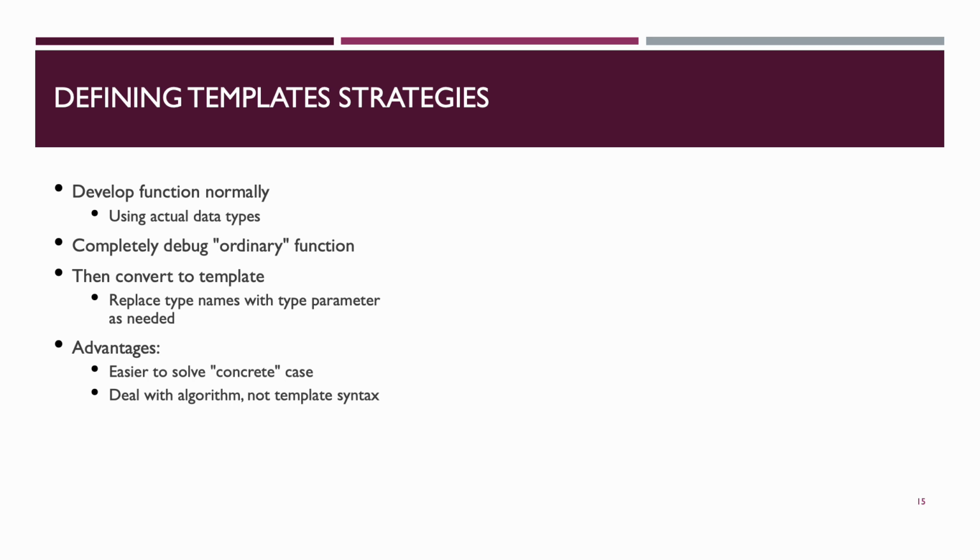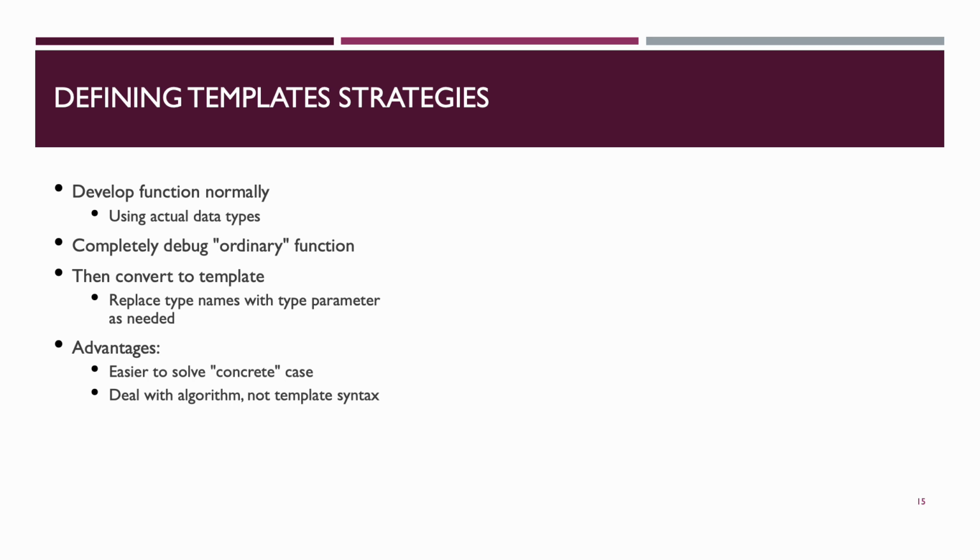Before converting the function to a template, make sure it is fully debugged and working correctly with the specific types. This helps isolate any issues related to the algorithm itself rather than template syntax. Third, you can convert to template. Once the function works as intended, replace the specific type names with type parameters to create a template. This allows the function to work with any data type.